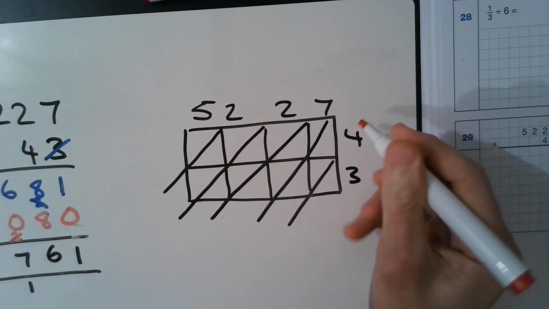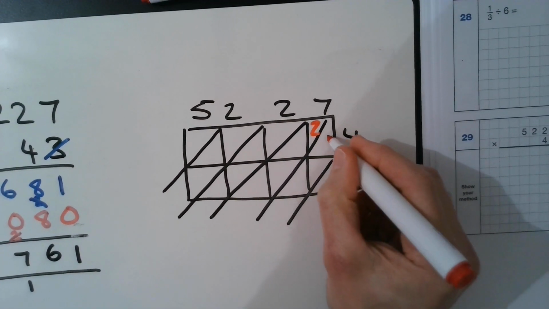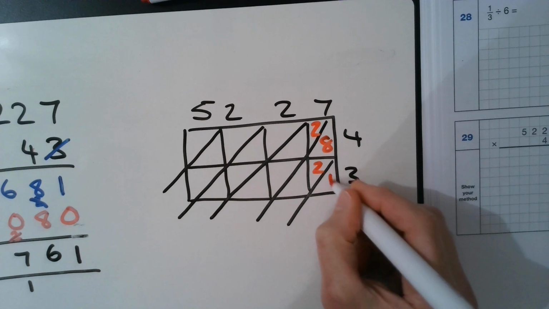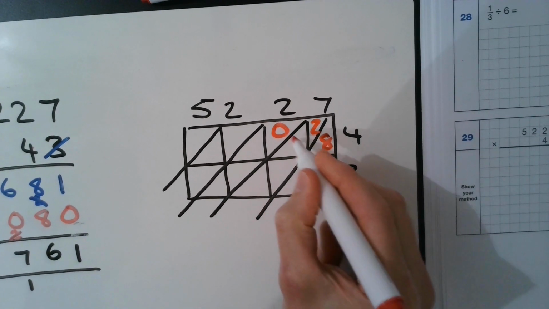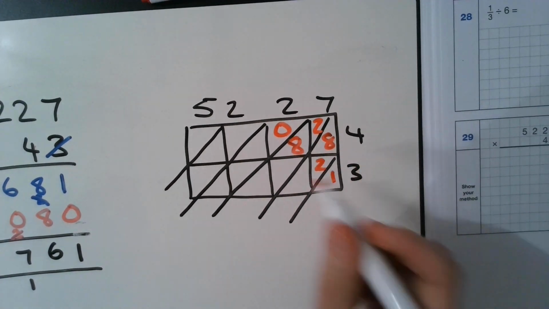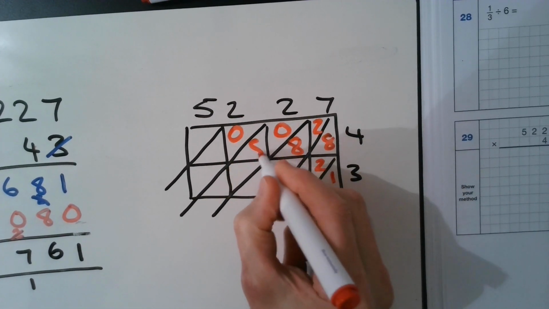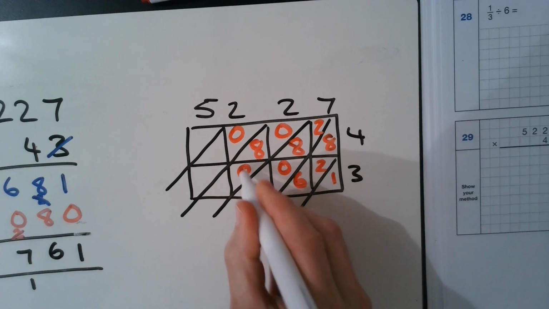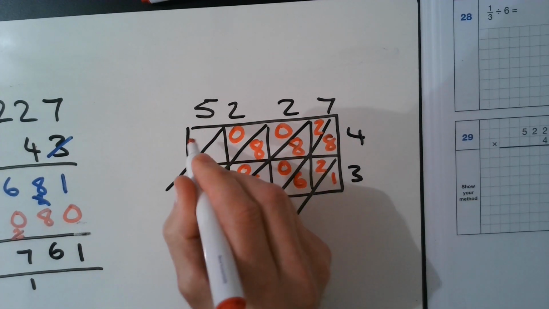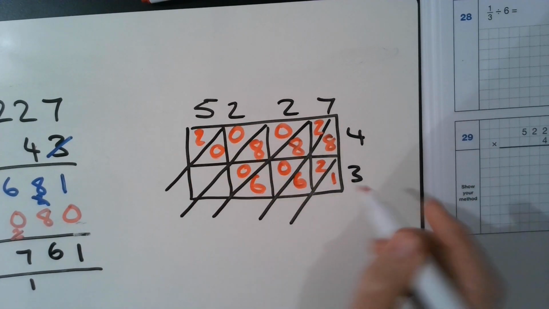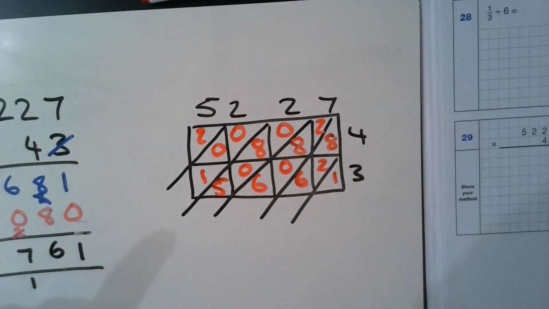When you do them in school, 7 4s are 28, 7 3s are 21, 2 4s are 8, 2 3s are 6, 2 4s are 8, 2 3s are 6. 5 times 4 is 20. 5 times 3 is 15. You don't have to worry about place value, which is why I love that method.